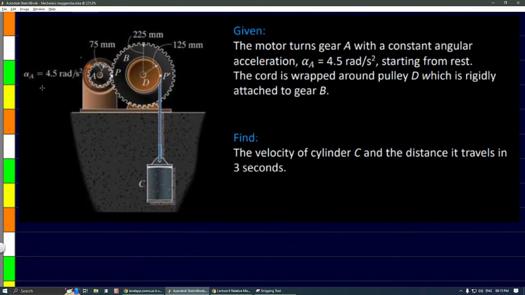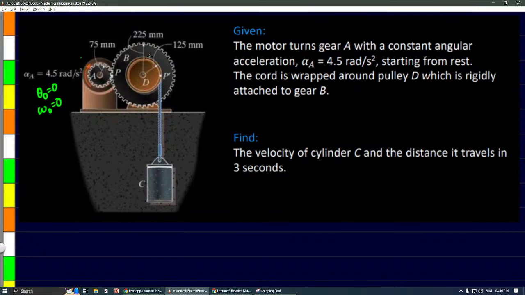Starting from rest means theta naught is 0 and omega naught is also 0. The cord is wrapped around the pulley D, which is rigidly attached to gear B. That means the drum D is rotating along with B. They are welded together, they are a single object.